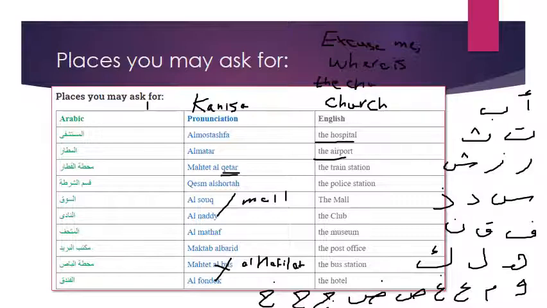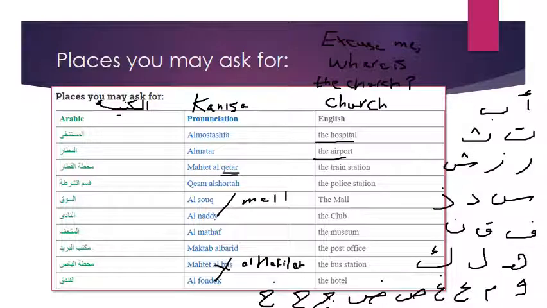This is one of the places, and a new place we are going to introduce in Arabic. Excuse me is al-ma'dhira. Where is, aina. The church, with al. So al, kanisa: here I put ka, na, then ya, then sa, then ta marbuta. So aina al-kanisa.